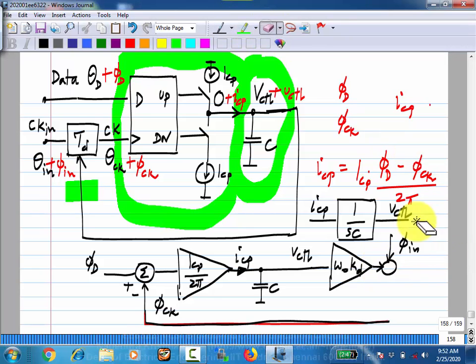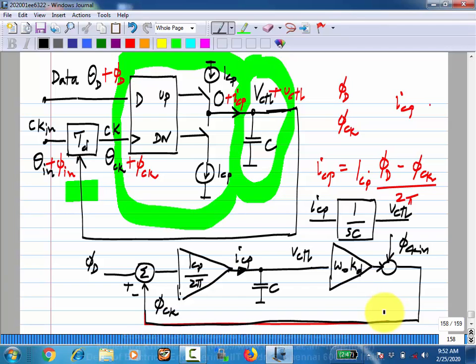Maybe I should denote it by phi Ck in to make sure that it is the clock phase, and fed like that, right? So this is now the incremental model in the phase domain of our clock and data recovery circuit.